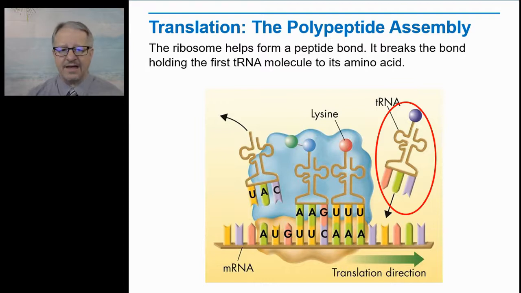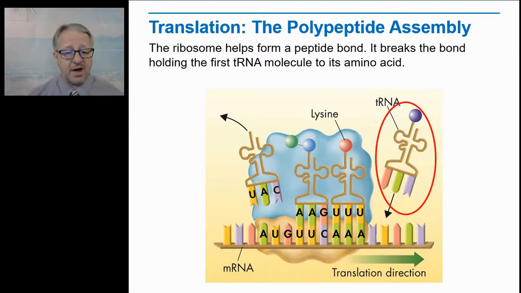Translation is kind of like language, where you translate, say, from English into Spanish or something like that, right? So we're not going from nitrogenous base to nitrogenous base. Now we're going from nitrogenous bases to amino acids. So we call this translation.